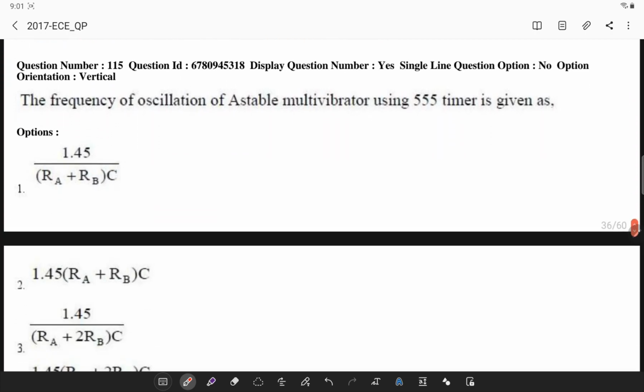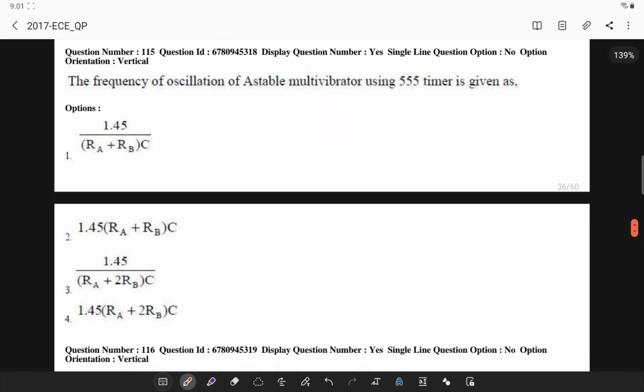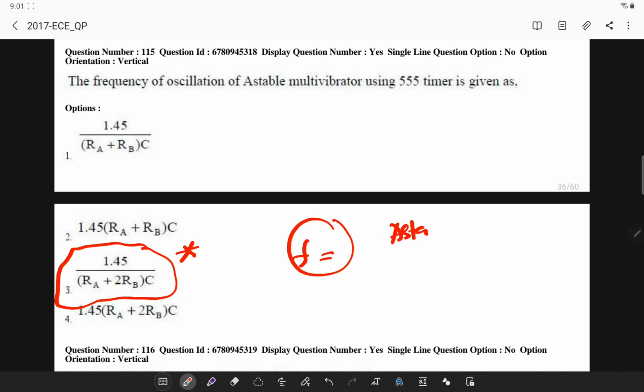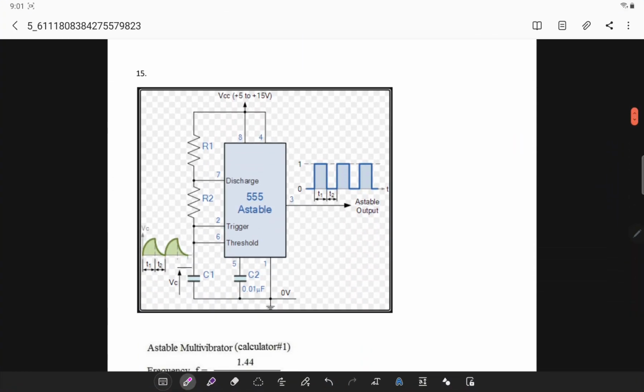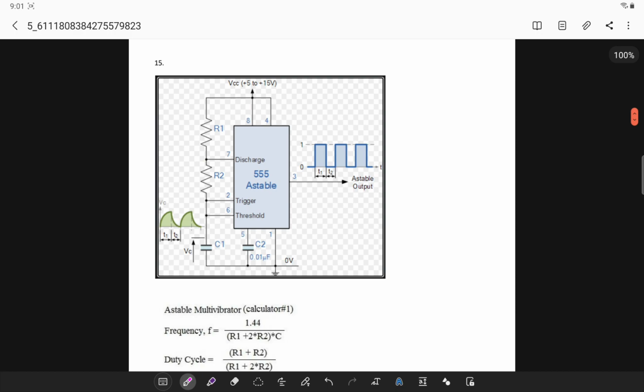Next, what is the frequency of oscillation for an astable multivibrator using a 555 timer? If you see these expressions, only this third expression is your frequency expression in astable mode. First we will see the circuit diagram of this astable mode.